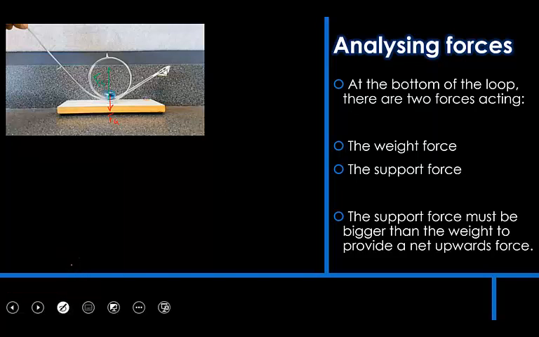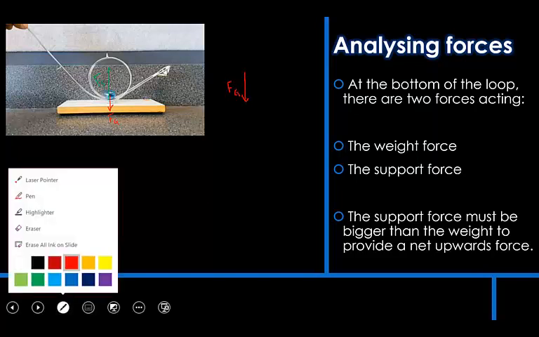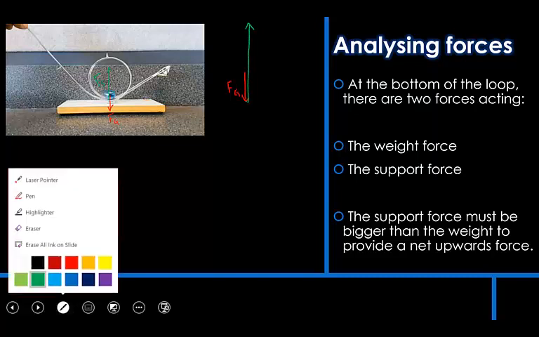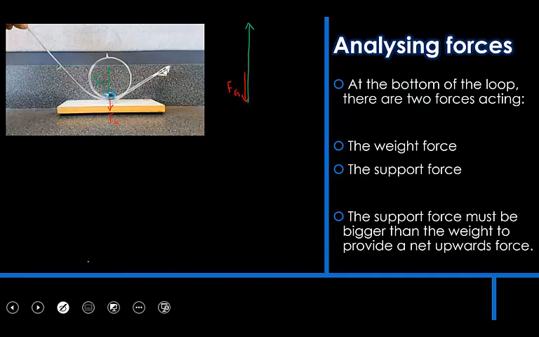So the downwards weight force will look like this: Fg. I'm scaling it up a bit for this diagram, and F support looks like that, and that will result in a centripetal force, or a net force, that looks like that, from the tail of the first vector to the head of the second vector.